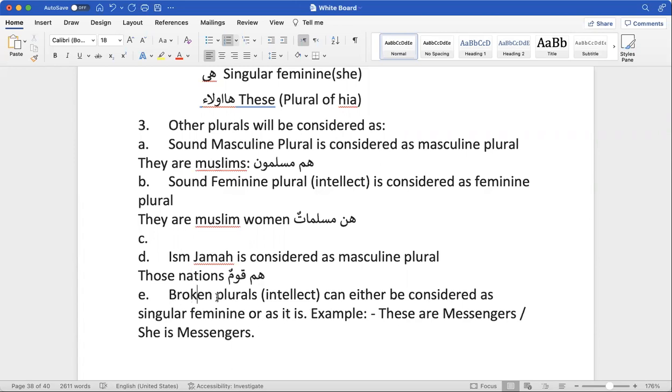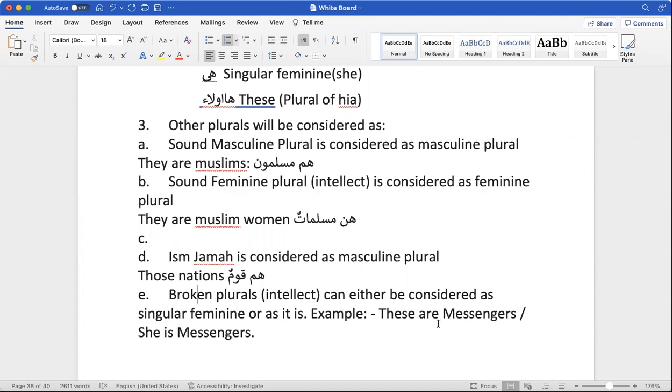Now coming to the broken plurals but intellect ones, like rusulun. Rusulun is a broken plural, right? But it is intellect, right? It's human beings, right? So they have a choice. What I was telling you, they can be either considered as singular feminine, or they can be considered as plurals as they are. For example, if you see these are messengers, I have an option here.